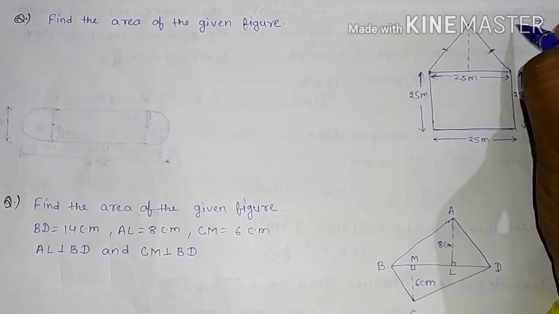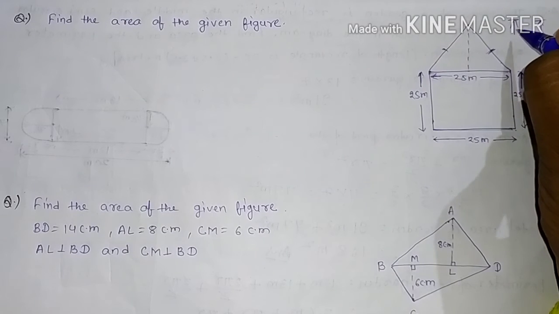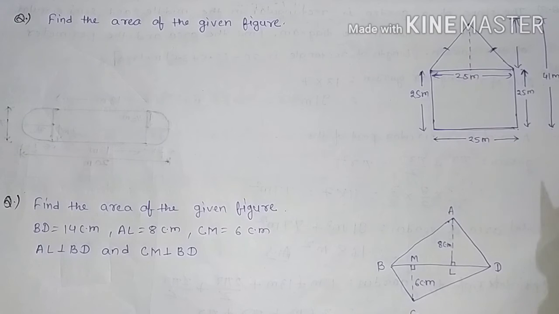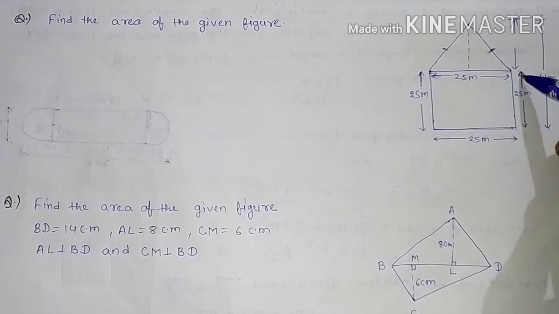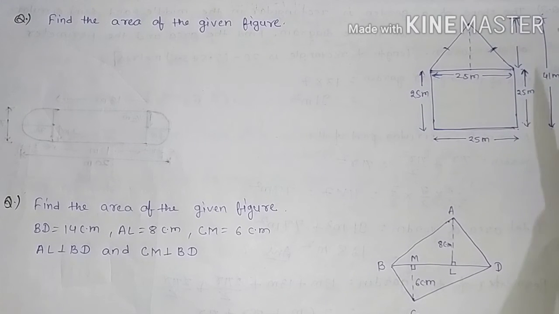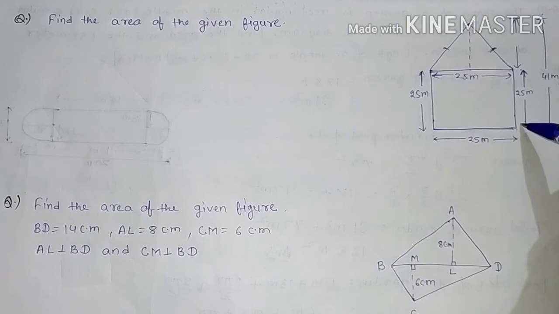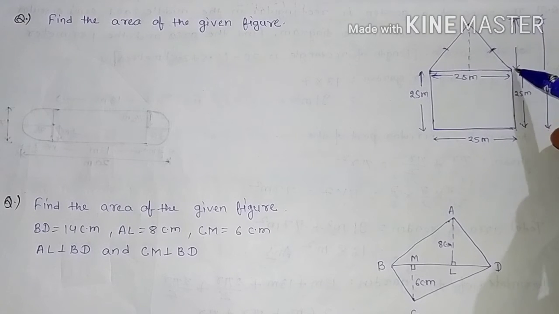So here we have to find the height of the triangle. Now this is 41 meter and this is 25 meter. If we subtract 25 from 41, then we get the height of the triangle.